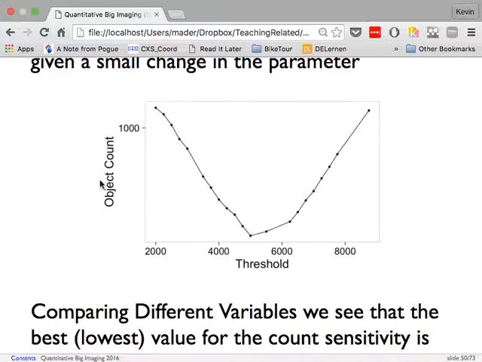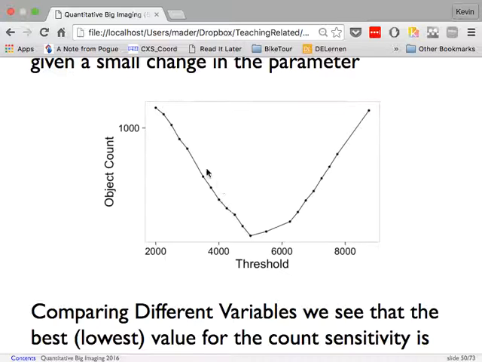I would go with 5,500 because then a small variation in the threshold would make only a small variation in the count. Right, where the slope is closest to flat. So that's where you'd be less sensitive. When you go here, in this whole region, the slope is very low, so the change in your metric compared to the change in your threshold is very small.